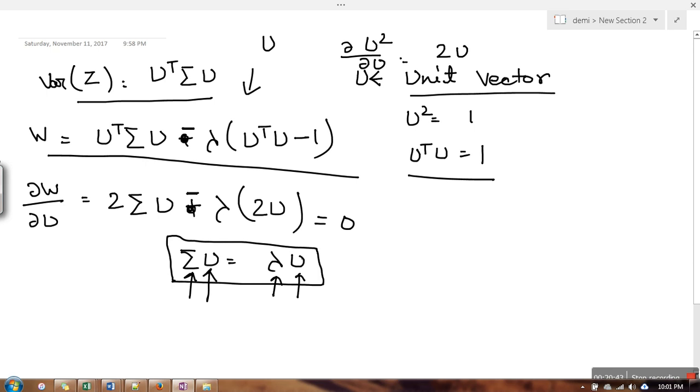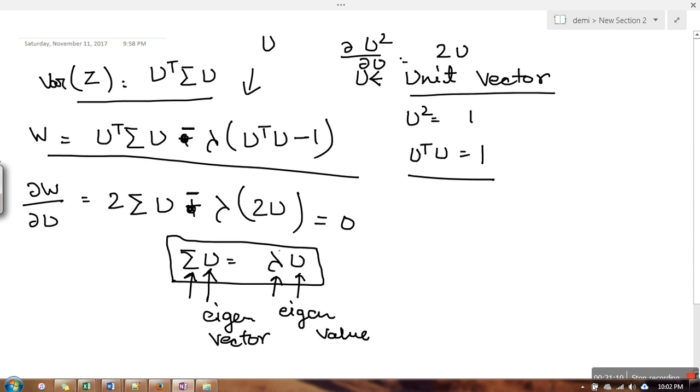If you think of this expression, you might have seen it somewhere. It is actually an eigenvector equation. So u is an eigenvector, and lambda is the eigenvalue, and this is a very important term.